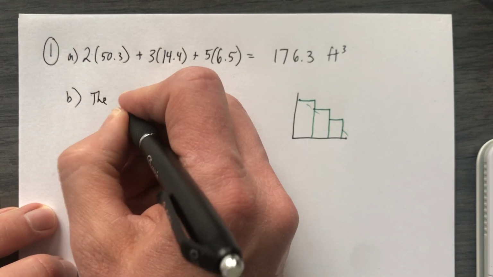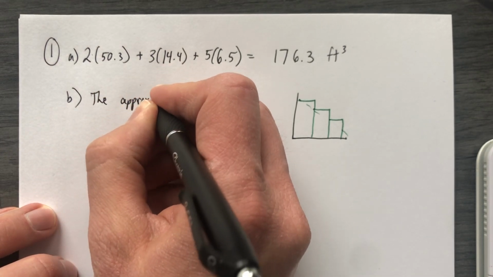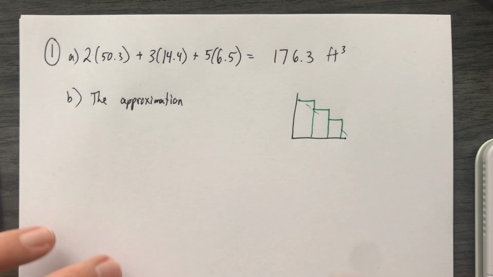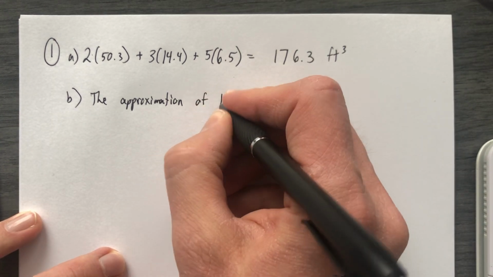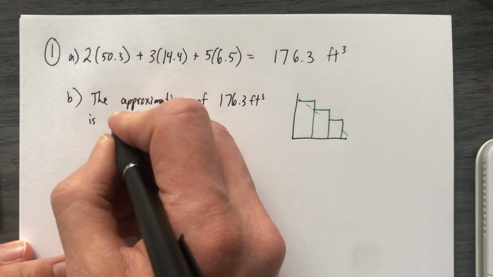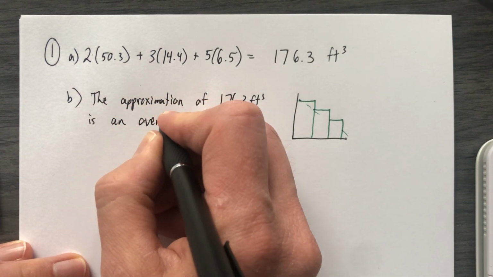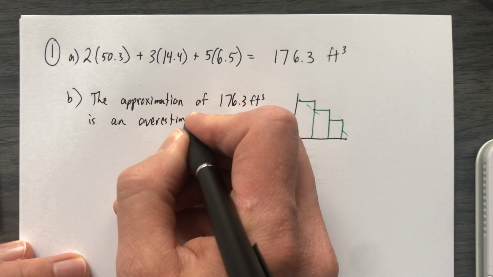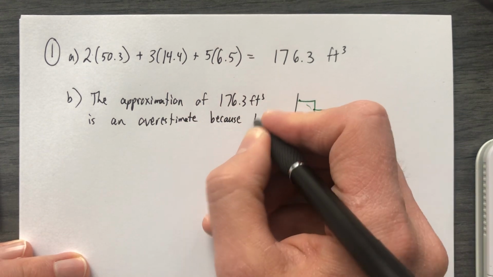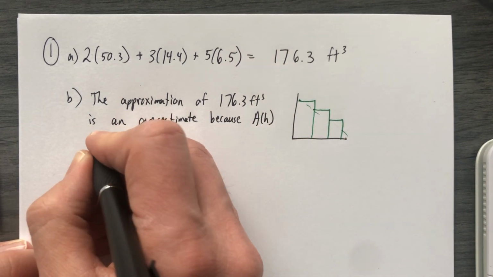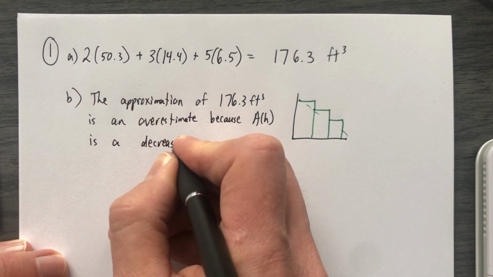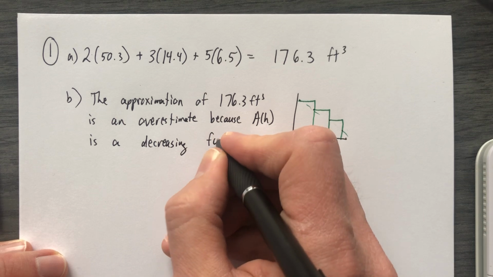You could say the approximation from part A, the approximation of 176.3 cubic feet, is an overestimate because A of h is a decreasing function.